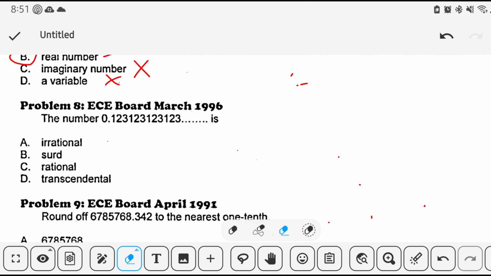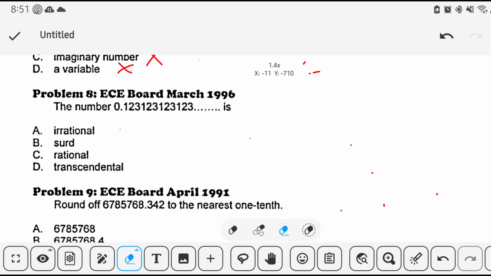Problem 8, we have the number 0.123, what number is it? There is a pattern on this, and it's repetitive. It's terminating. So it's obviously rational.